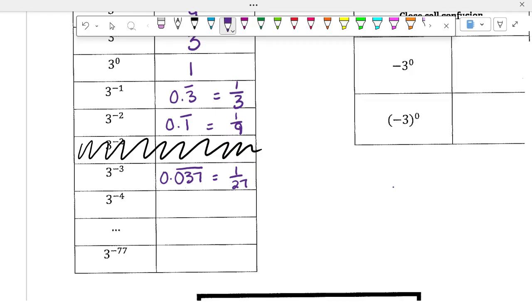I want a decimal and a fraction. So what is it as a decimal? 0.012 3, and it repeats. What is that as a fraction? 1/81. Is there an extra 0 in front of it? I think there is.